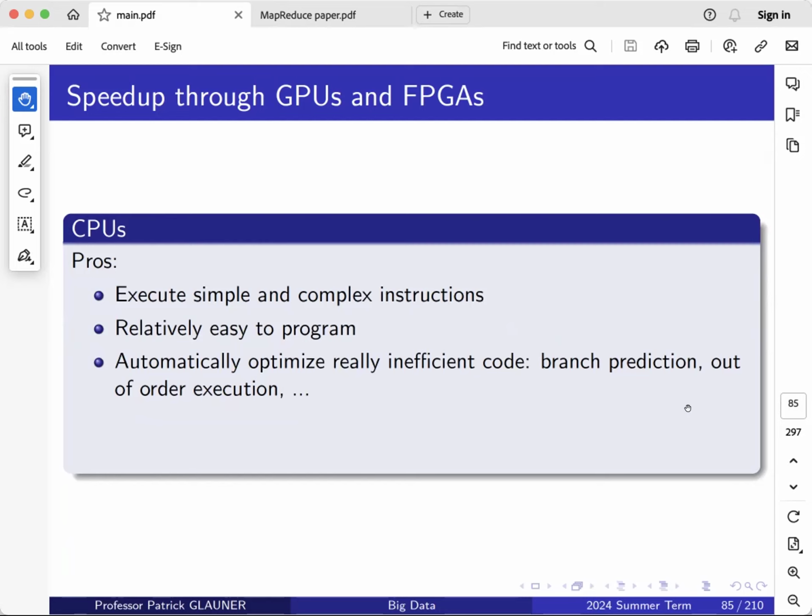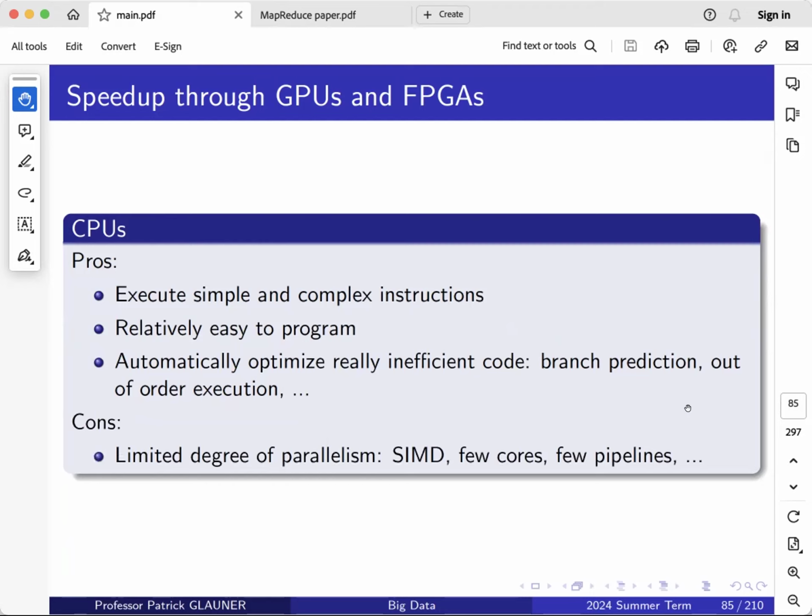So your CPU can actually, in the combination of out-of-order execution and branch prediction, optimize your code very well even if your code is written quite inefficiently. So these are all very positive aspects of a CPU. Simple and complex instructions, easy to program, and can optimize your code well.